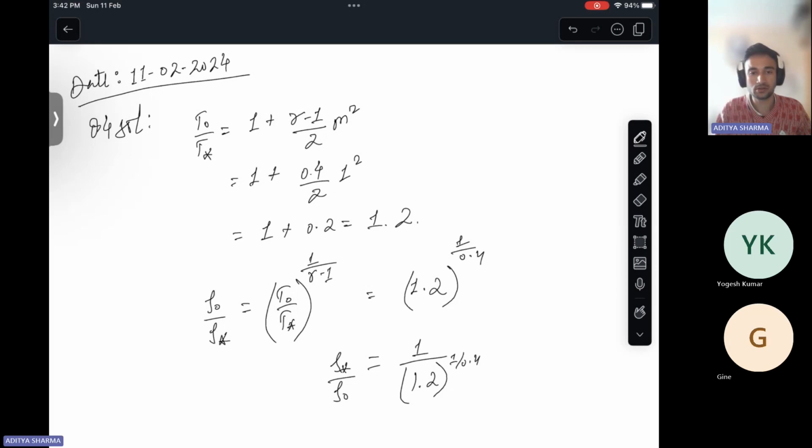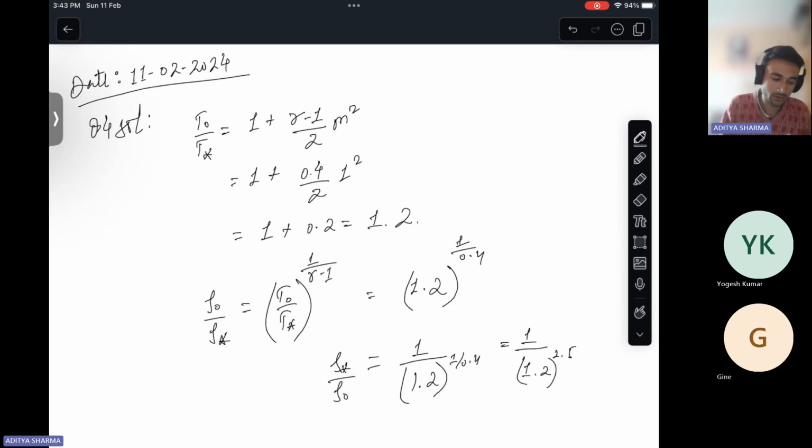So let's try to calculate this. So this is 1 divided by 1.2 to the power 2.5. So 1 divided by 1.577 if we take 3 decimals.